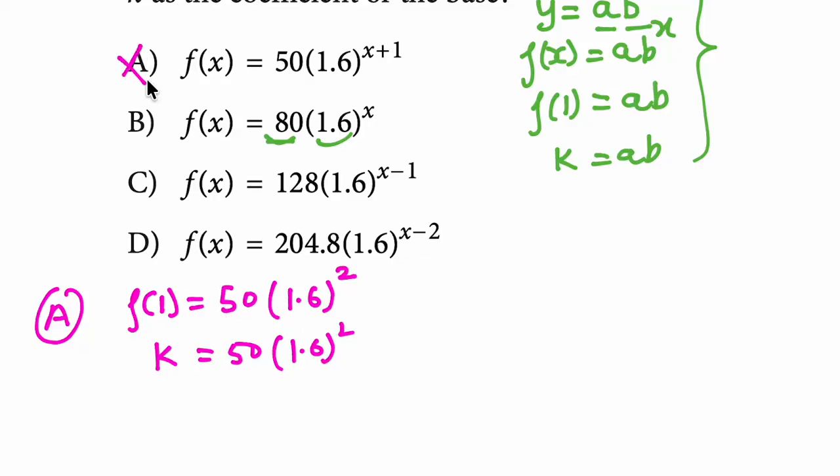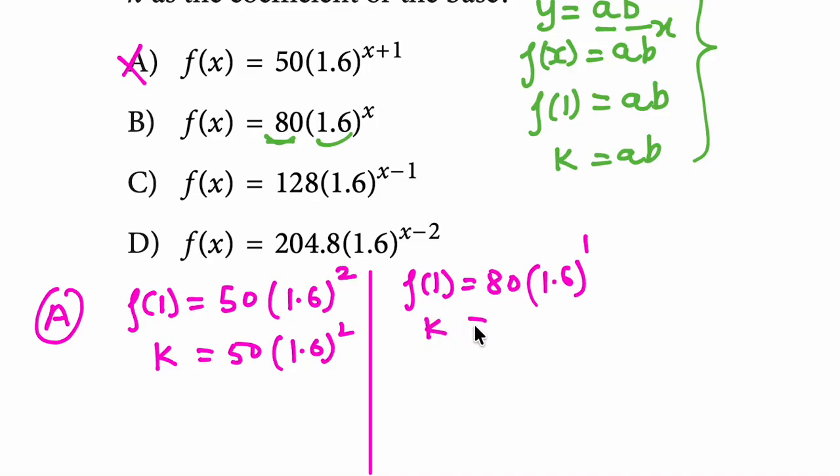So A is not the right option. Let's solve for B. Now B is f of 1 is equal to 80 times 1.60 raised to power 1. So k will be the product of these two. It will be neither 80 nor 1.6. So even B is not the right option.